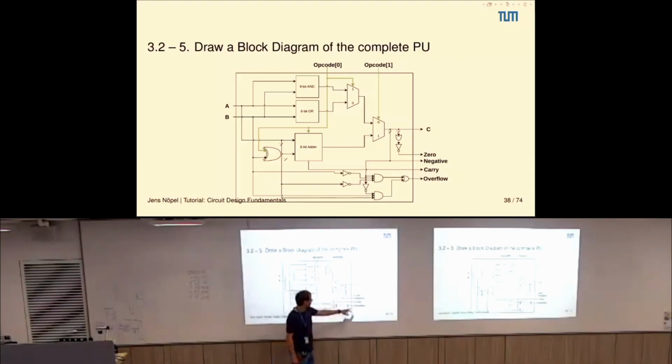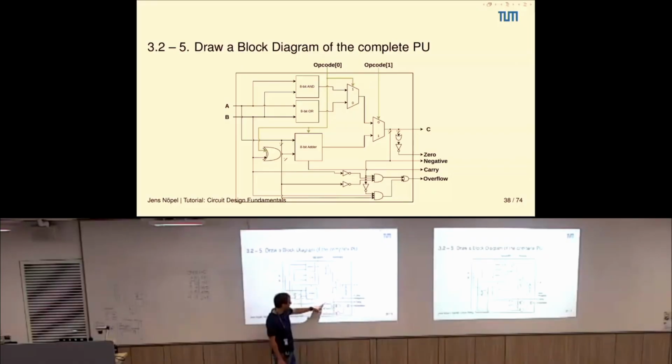For the overflow detection, it's a bit more complicated. But if you remember, let's start with this one here, the MSBs of the input signals. I take both of these, and if the MSBs of the inputs are positive and the MSB of the result is negative, then we get an overflow.